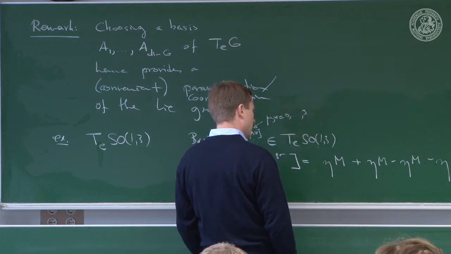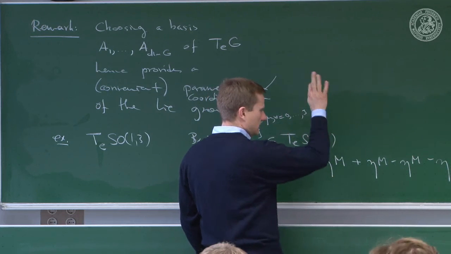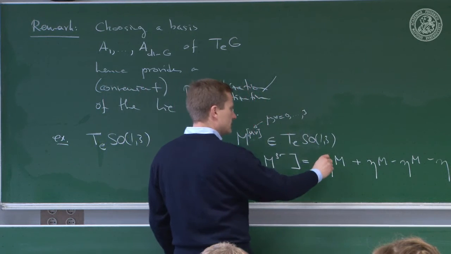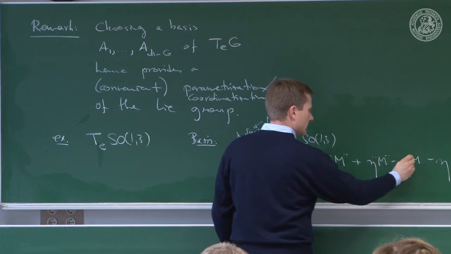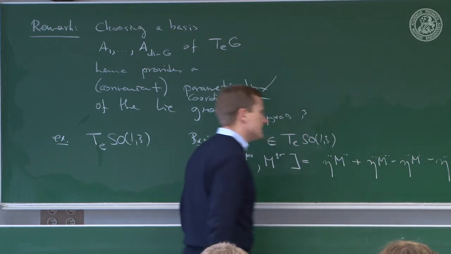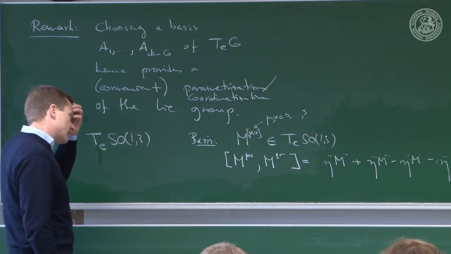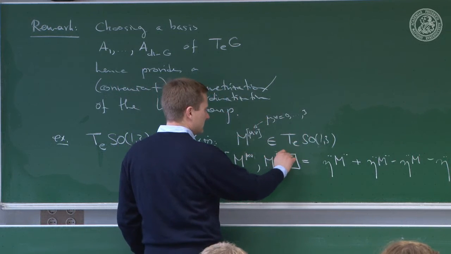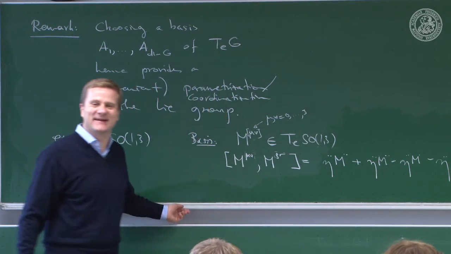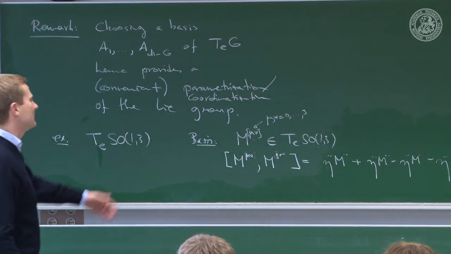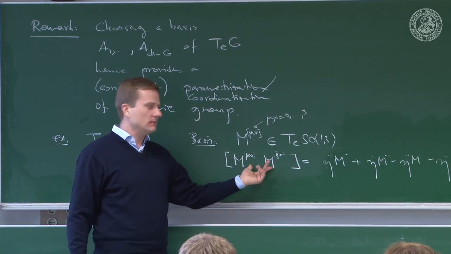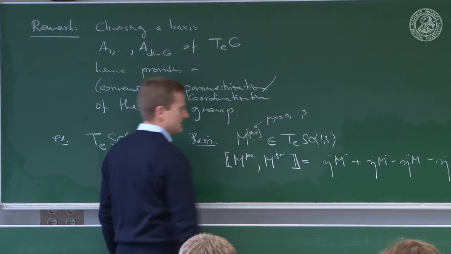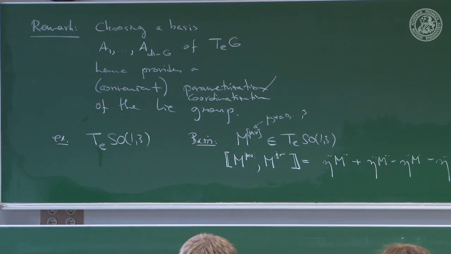And the η is the Minkowski metric, and the only thing you need to do, you need to distribute the indices correctly here. And of course, you can calculate this from first principles. So these are antisymmetric. So, well, you figure it out. Okay, so you look it up. So that's the Lorentz algebra, right? Or maybe in our notation, we should write it somehow like this. Okay, it's the Lorentz algebra.